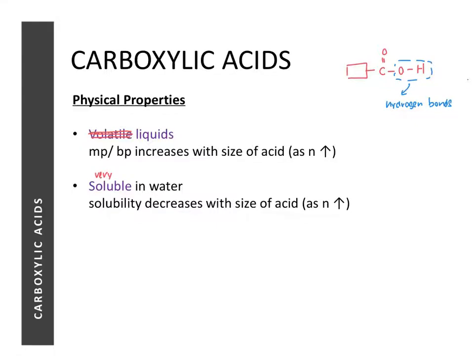Alright, that's how you can mix vinegar with your soup. Okay, so again, solubility will decrease as your size of acid increases. So you can remember that the physical properties of carboxylic acids is almost exactly the same as alcohols. The physical properties of alkenes are almost exactly the same as alkanes.